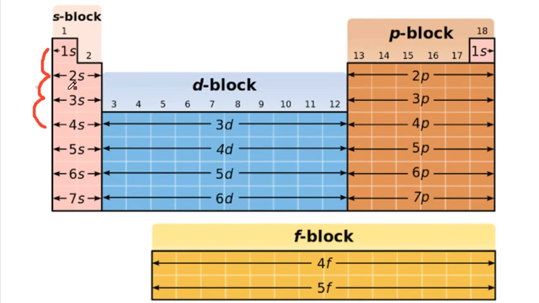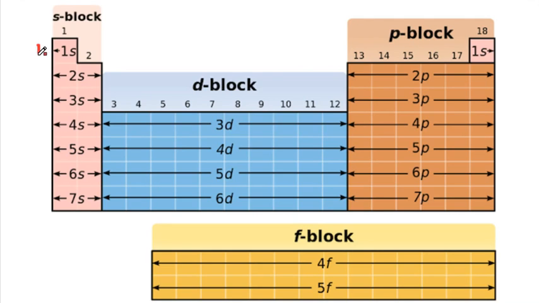Likewise, the 4D row of the D block is not actually located on the fourth period of the periodic table. It's actually located on the fifth.